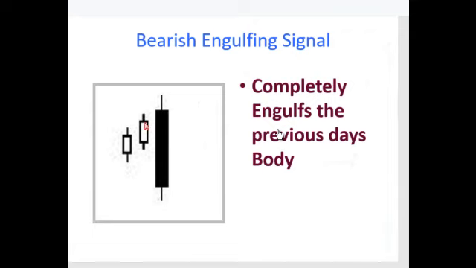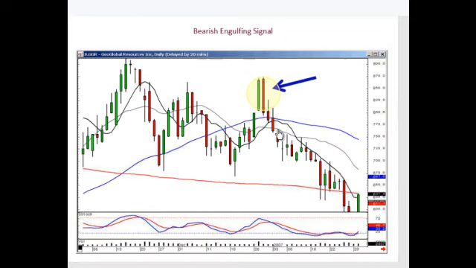Opens above the previous day's close, closes below the previous day's open. This candle completely engulfs the body of the previous day. Now, if it also engulfs the whole trading range, it's that much more powerful a reversal.